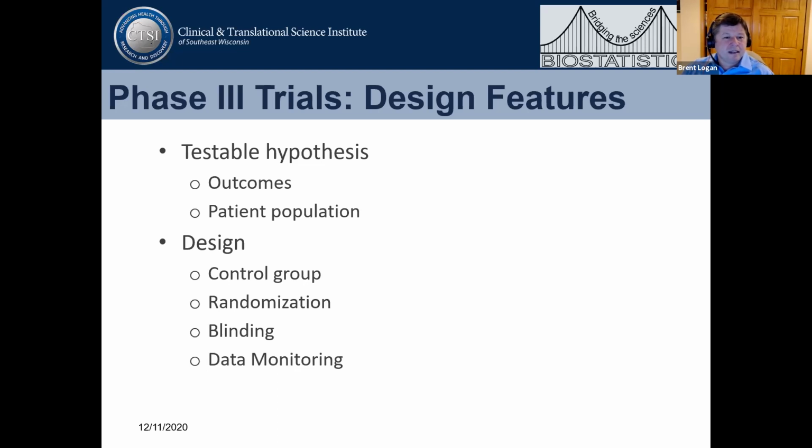The important design features are a control group and randomization to it, so that you get a clear determination of whether the treatment is effective or not, the use of blinding to minimize bias in assessment of the outcome, and ongoing data monitoring, similar to what we've been talking about with safety monitoring or with two-stage designs.